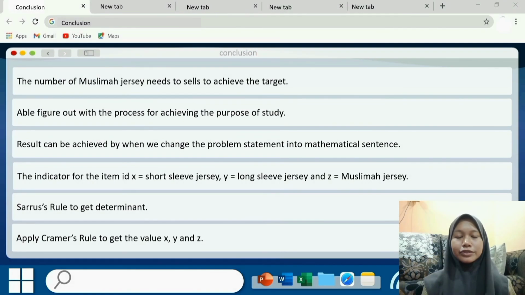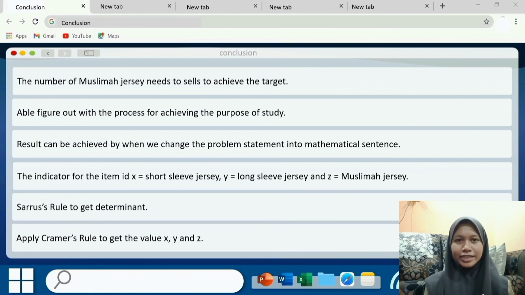Now we can conclude the number of Muslimah jerseys needed to achieve the target. We were able to figure out the process in achieving the purpose of the study. The result can be achieved when we change the problem statement into a mathematical sentence. The indicator for the items is X for short sleeve jersey, Y for long sleeve jersey, and Z for Muslimah jersey.